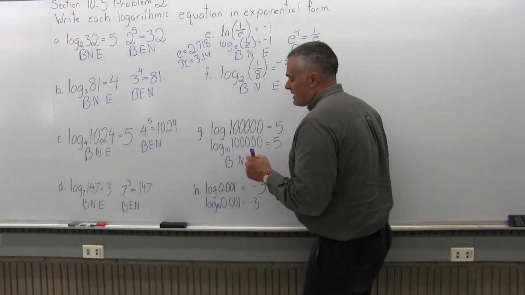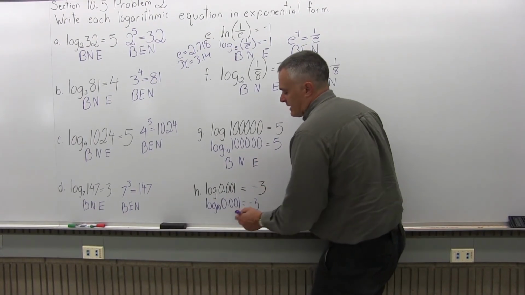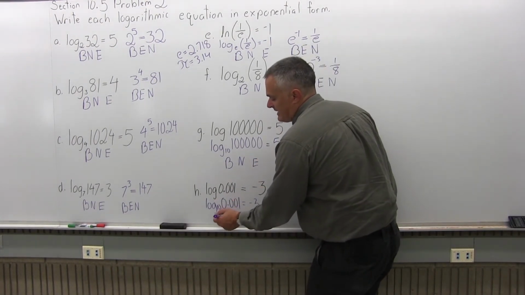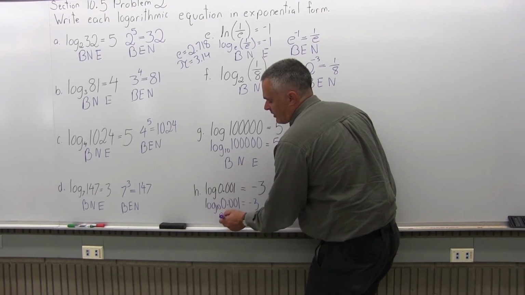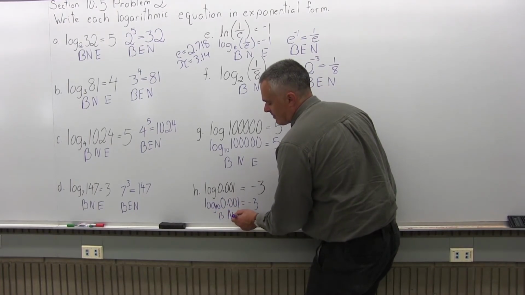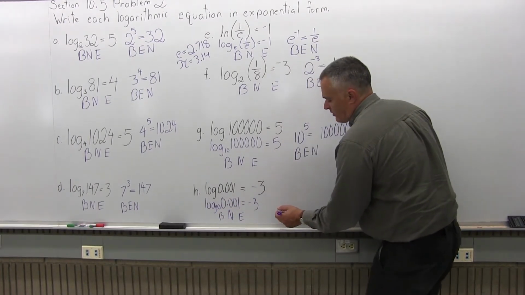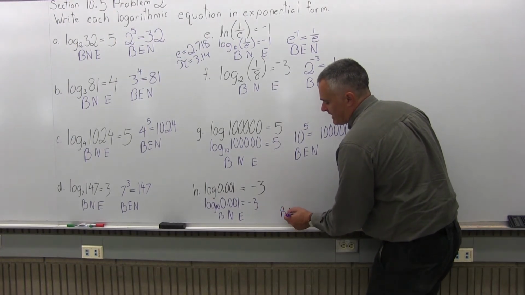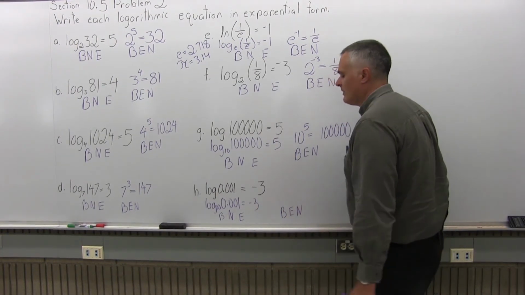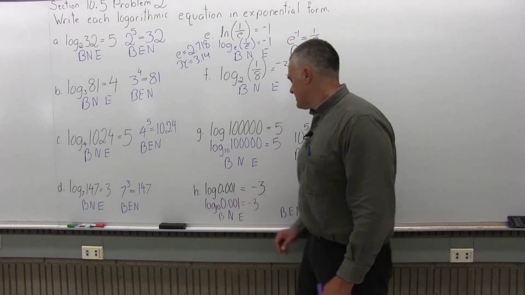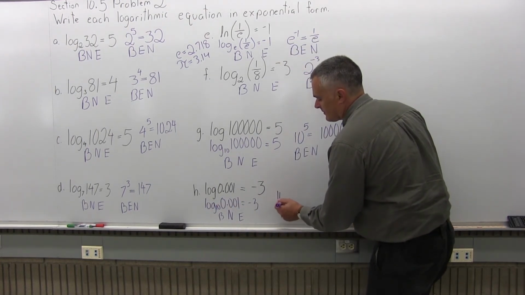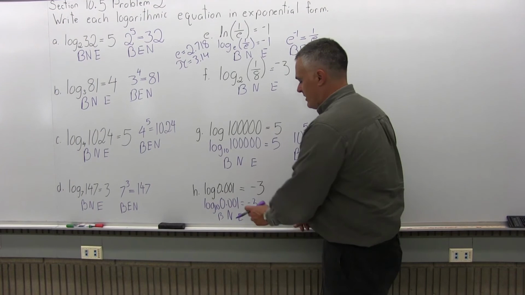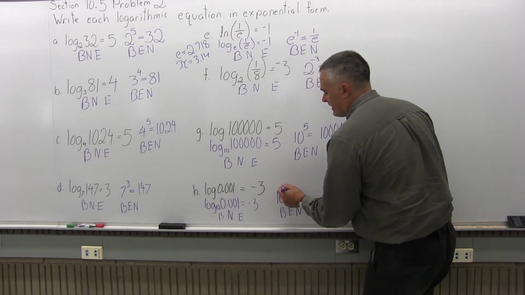So underneath log base 10 of 0.001 equals -3, again, I will write Benny, B-N-E for base number exponent. And next to it, I will write Ben, B-E-N for base exponent number. So first we write the base is 10. Then we write the exponent is -3.